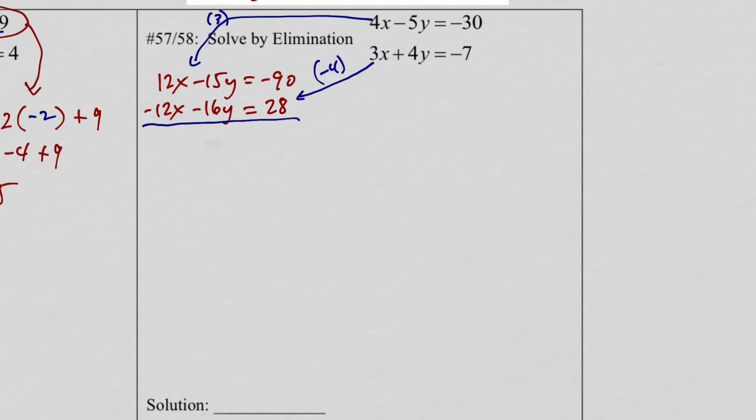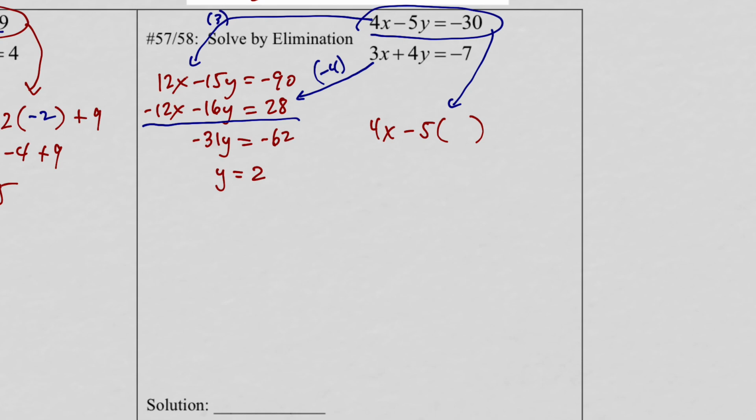My x's will go away. This will add up to negative 31y. And this will add up to negative 62. I'll divide each side by negative 31, and I'll get y is equal to positive 2. Then I can take that and plug it in anywhere I want. If I plug it in here, I'll have 4x minus 5y, and y is 2.